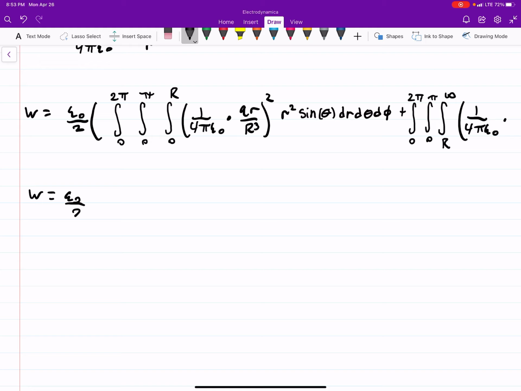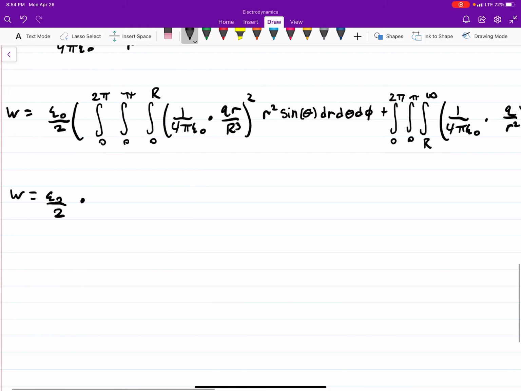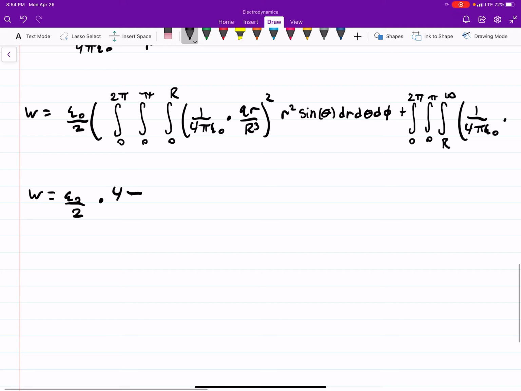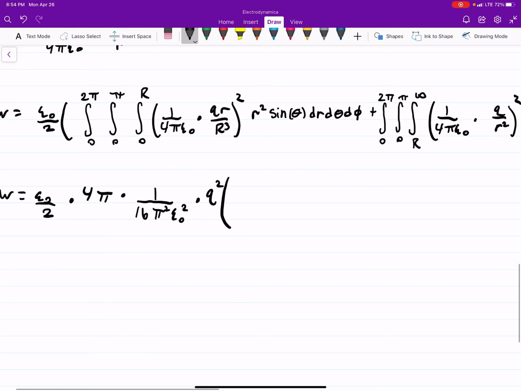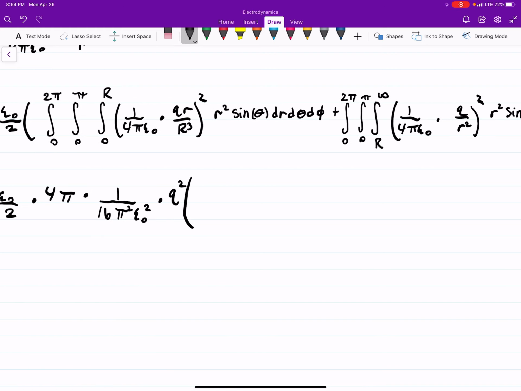So we have epsilon naught over 2. Both the triple integrals will give you a factor of 4 pi when we do our theta and phi. Both terms have a 1 over 16 pi squared epsilon naught squared, just from the constant. And both will have a q squared. Then we just have 1 over R to the 6 if we square this.